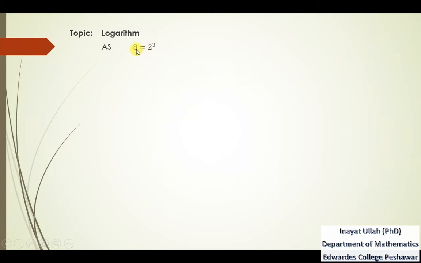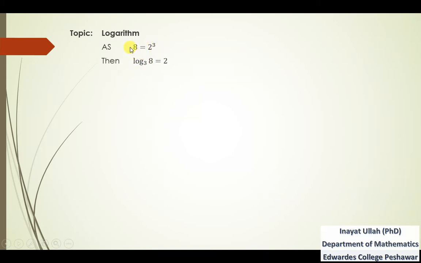We are going to convert this exponential form into logarithmic form. How could we convert this exponential form into logarithmic form? Write log on this side, make this base 2 the base of that log, and leave this power 3 on the right side. What does it mean?